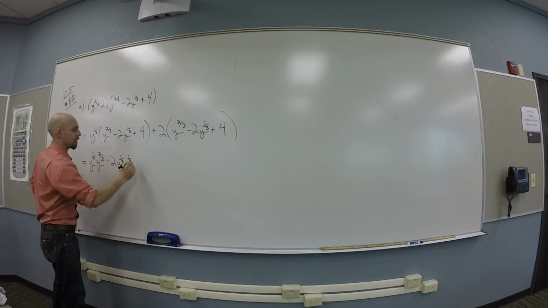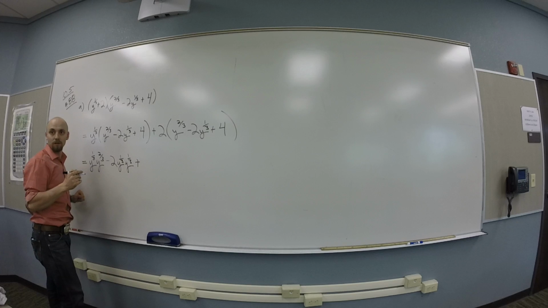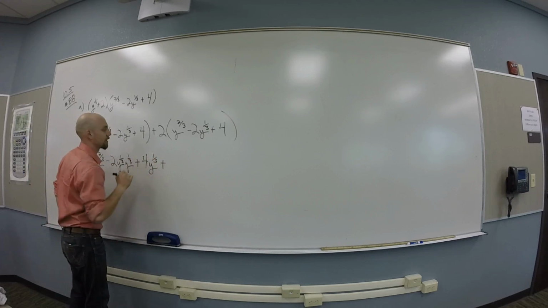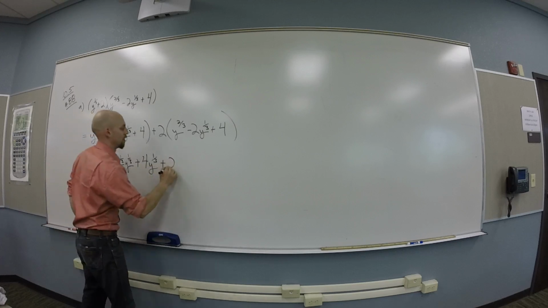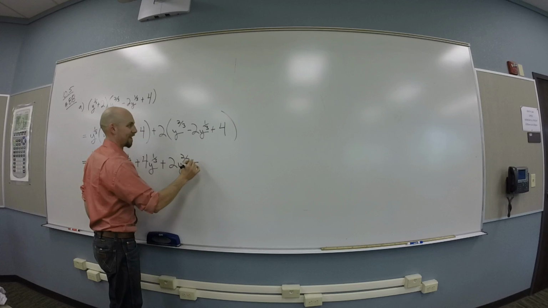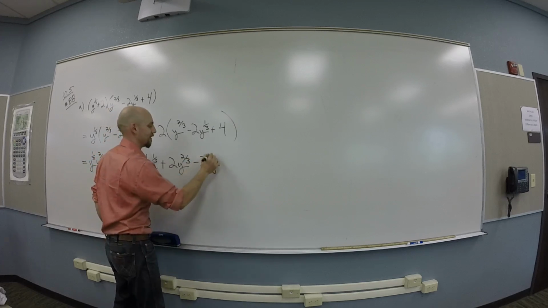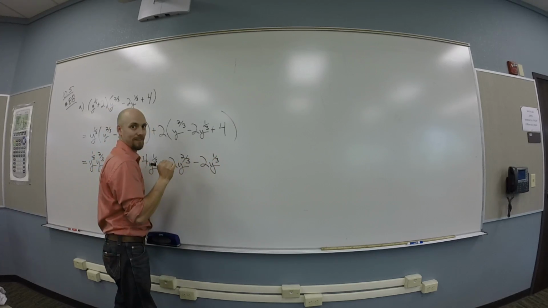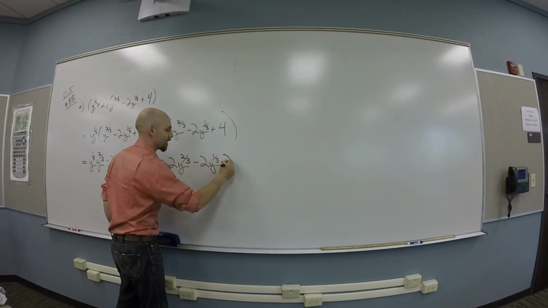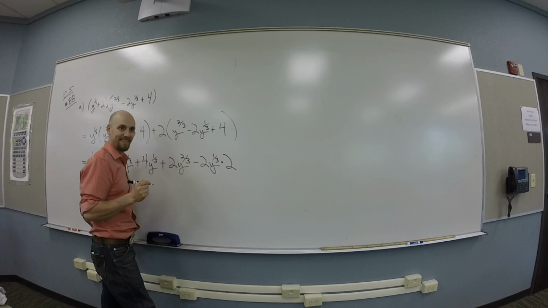And then my next one should be plus 4y to the 1/3, plus 2y to the 2/3, minus 2y to the 1/3, minus negative 4y, plus 8. She's doing nice step by step, right?